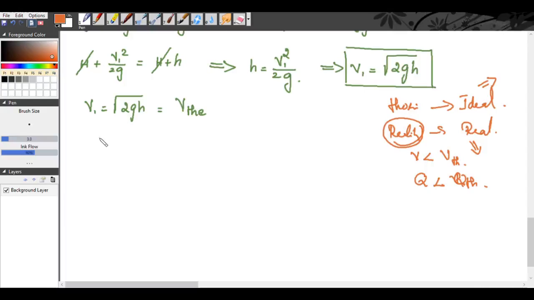So, our actual velocity V will be equal to Cv, that is the coefficient of velocity or coefficient of Pitot tube, into the theoretical velocity. So, we get V actual is equal to Cv into root of 2gh.